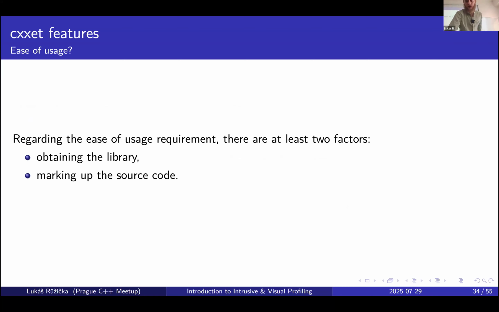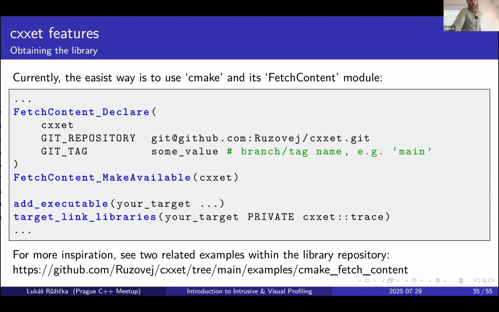So, as I said, I put up a list of my own requirements of what it should do and how. One of them is ease of usage, to obtain the library and mark up the source code. Basically, if you use CMake, which most probably you do, like in the survey from Stack Overflow, CMake is used by 50% of developers or something.